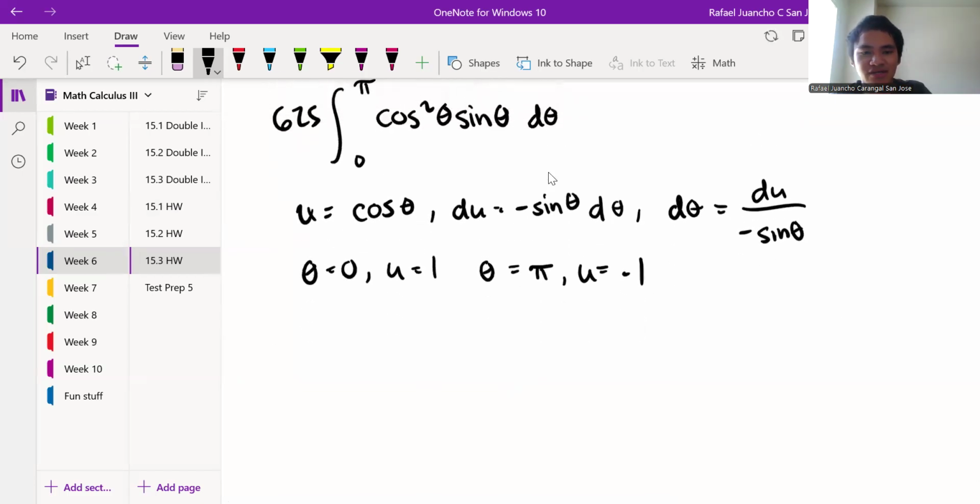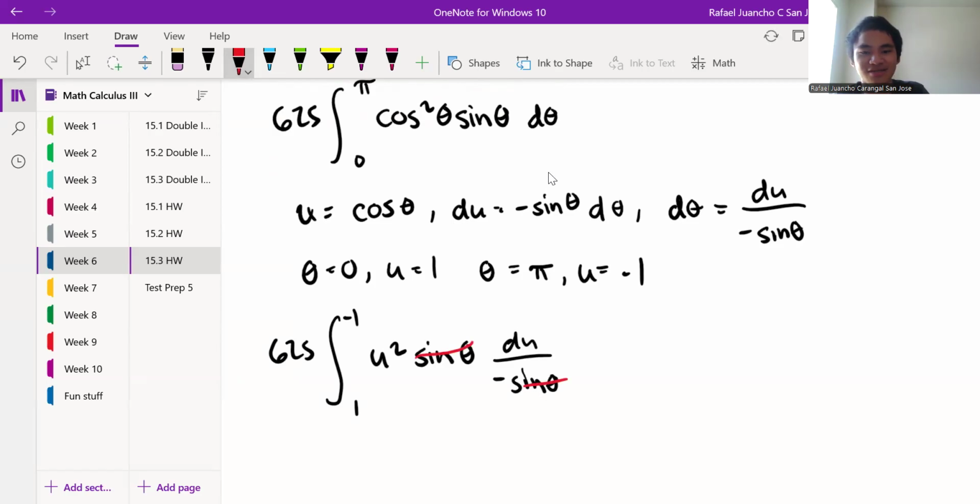So how would this look? This is 625, 1, negative 1, and then this one is u squared sine theta. d theta is du over negative sine theta. Look how nice that is. I can cancel that, right? And from there I get 625, 1, negative 1.